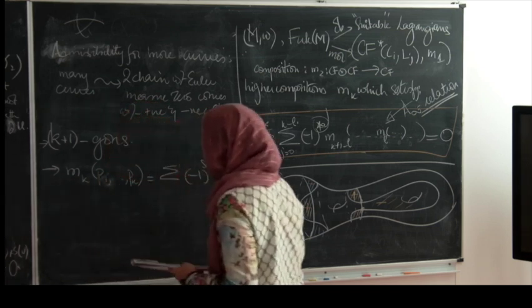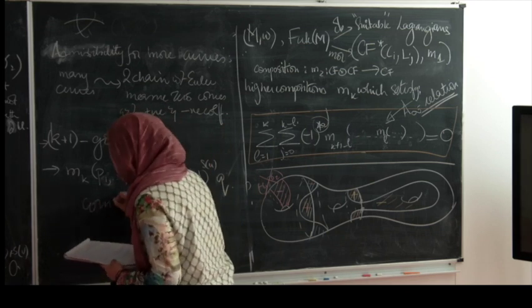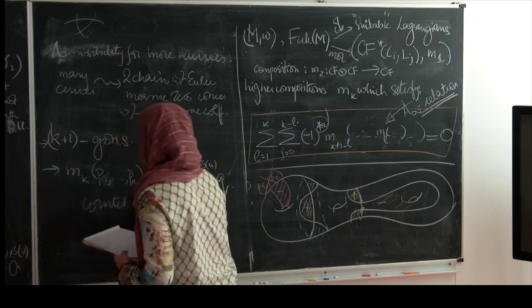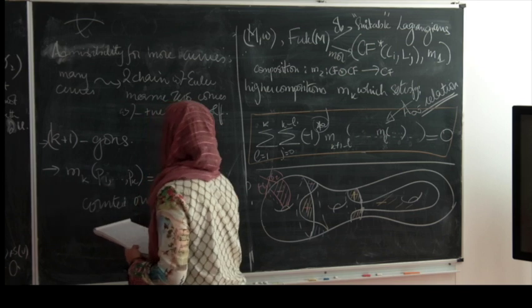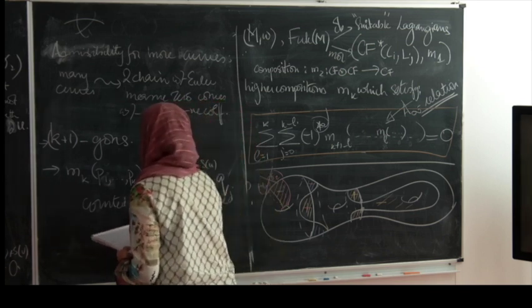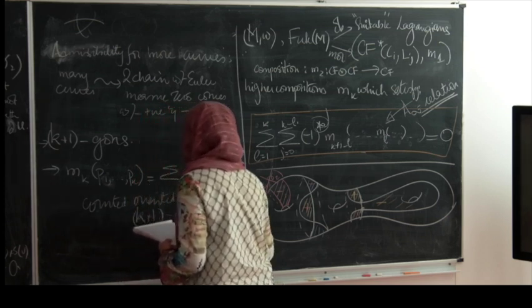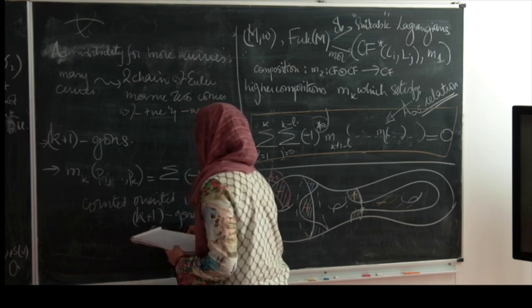Okay. So this mk just counts oriented immersed k+1 gons with convex corners.